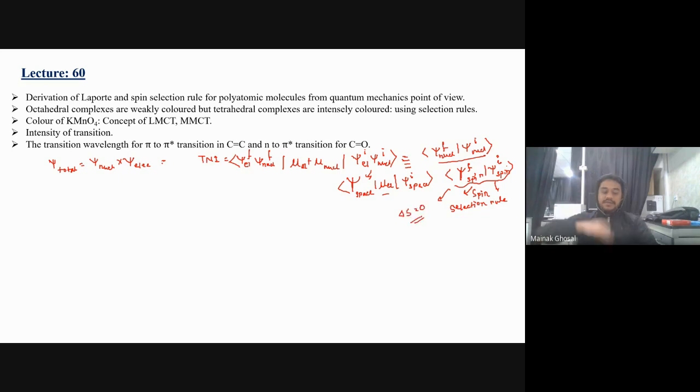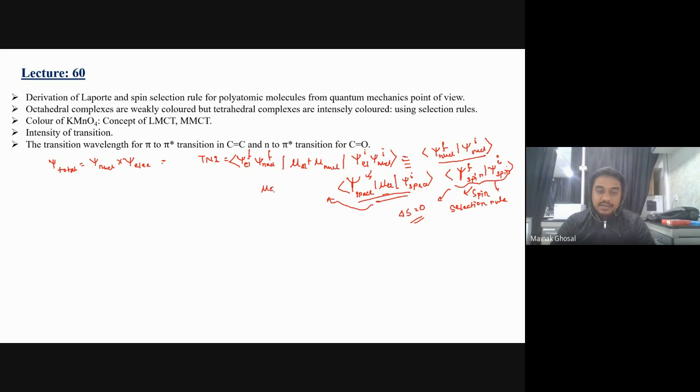That means a transition from singlet to singlet is allowed because the wave functions match and give a non-zero value. But if the spin wave functions are different, it will give zero. Because of the orthonormal nature of the spin wave functions, the only allowed transitions are singlet to singlet and triplet to triplet. This is the spin selection rule.